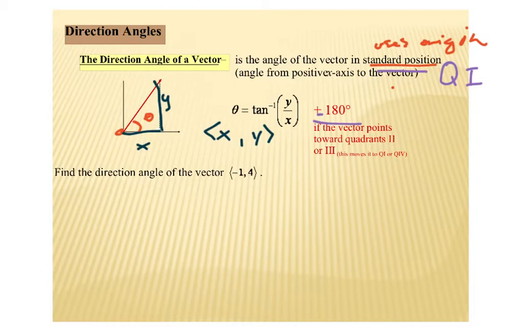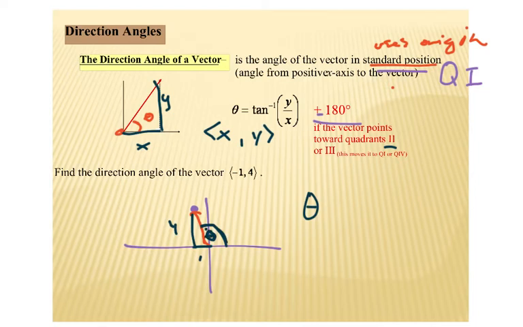Alright, so we're going to find the direction angle of <-1, 4>. So, of course, <-1, 4> is going to be over here, and so it is not in quadrant 1. It has a height of 4 and a length of 1. So the idea is to get this theta here.